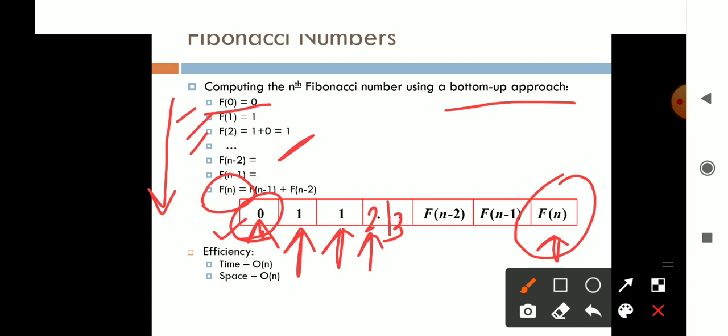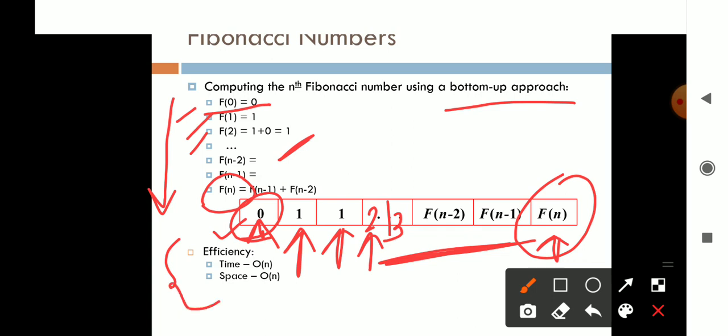So there is no need for finding out f of 0 multiple times, f of 1 multiple times, or f of n minus 1 multiple times, or f of n minus 2, or whatever value is there. All are stored in the array, and by using this particular array, we can retrieve the values from this table. So when we use this type of bottom-up approach, of course it is very efficient, right?